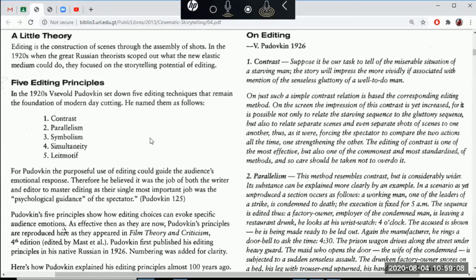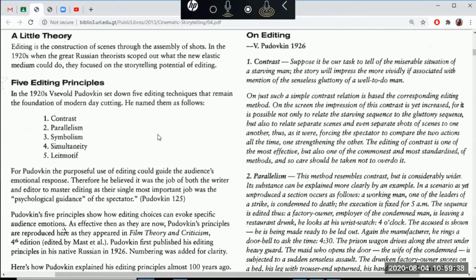So contrast is not just about the contrast in images, which means if you're showing a rich man and a poor man in the same scene, we are actually talking about contrast. If we are showing a child and an old man, we are again referring to contrast. And if we are showing it through emotions like happiness and sadness, we are talking about contrast.